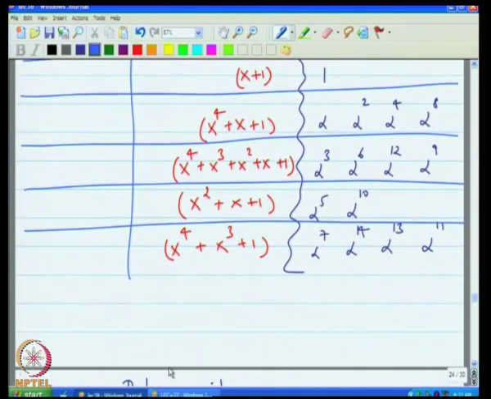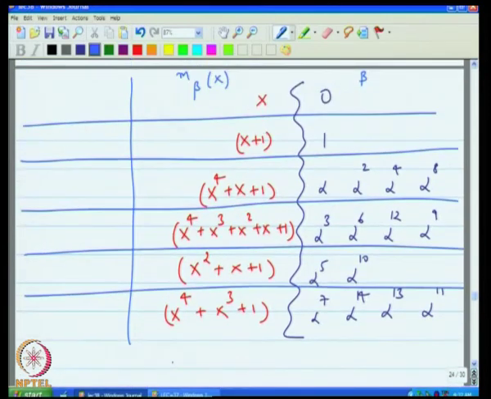And of course, you knew that every element has a minimal polynomial, and we already knew that alpha was a 0 of x 4 plus x plus 1. So, what this is telling you is that alpha has this as minimal polynomial, but it shares the minimal polynomial with all these other elements.